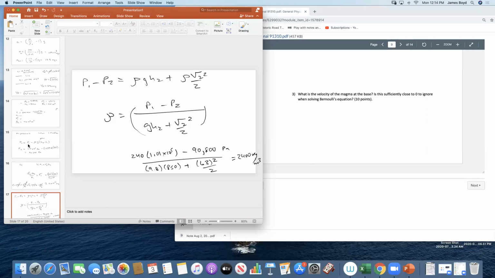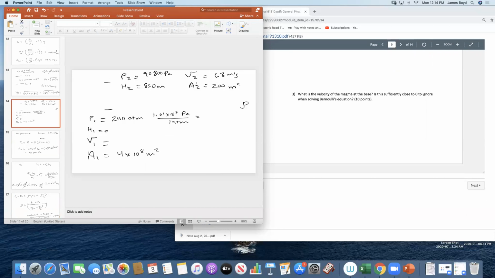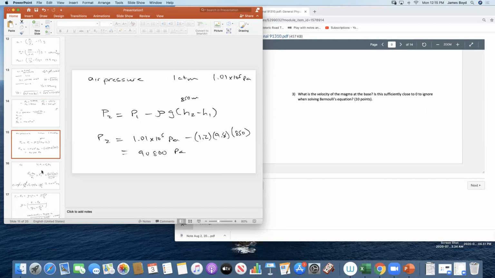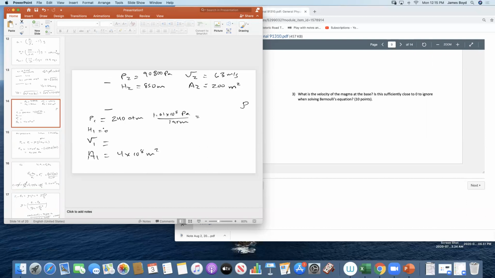So all we did, algorithm-wise, is we first found our variables. And then in order to find V1, we use the continuity equation that V1 A1 is equal to V2 A2. And then we got H1 and H2 from the picture. We were told what P1 was. We had to find P2 using that really simple pressure equation, P2 is equal to P1 minus rho g (H2 minus H1).